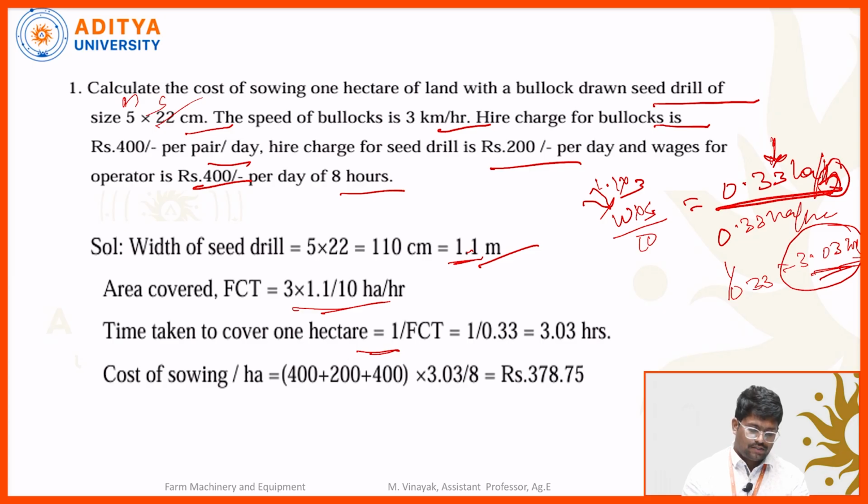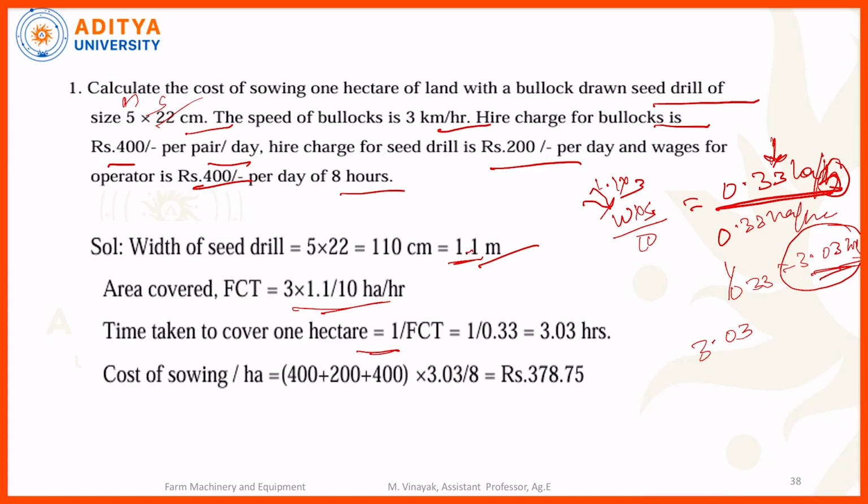So the cost of sowing: to sow 1 hectare of land area, how many hours are required? 3.03. Here they have already mentioned the different costs: 400 bullock hiring cost, 200 seed drill cost, and wages of the operator 400.